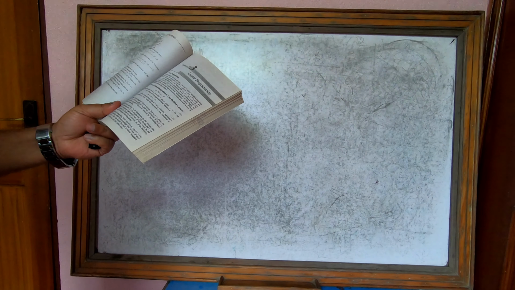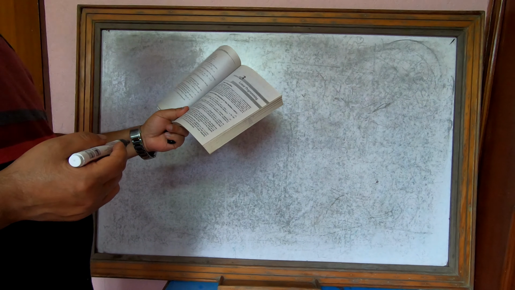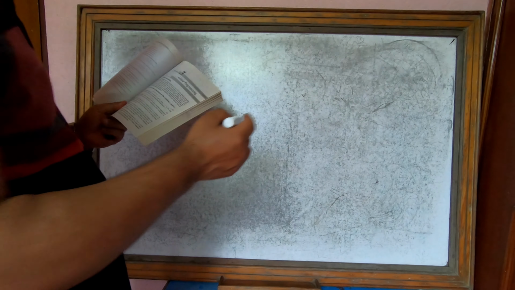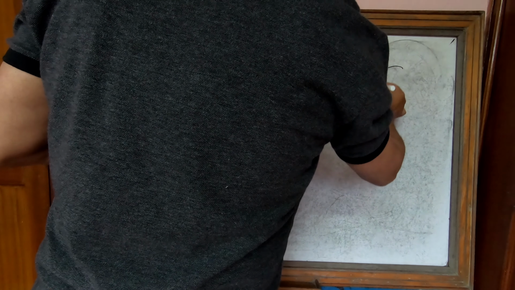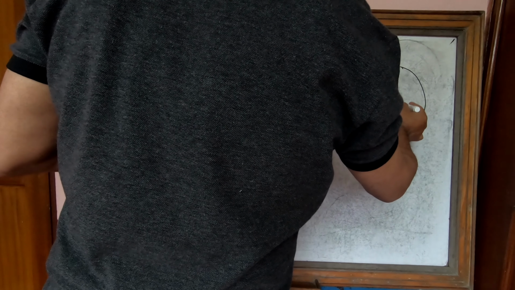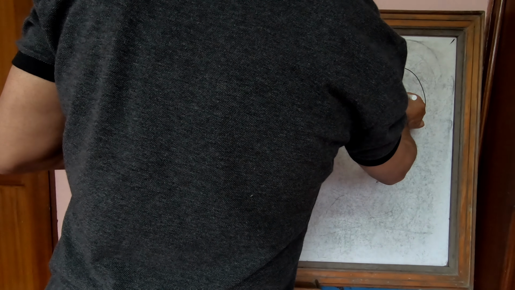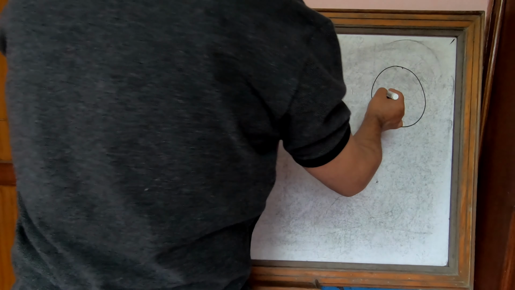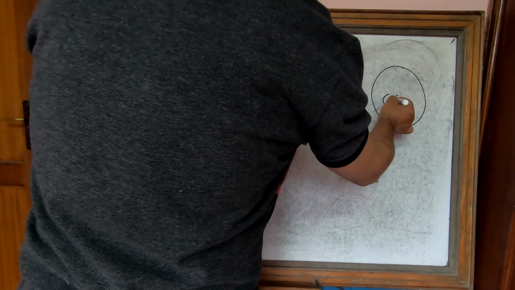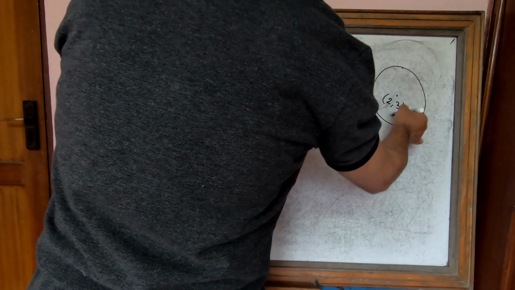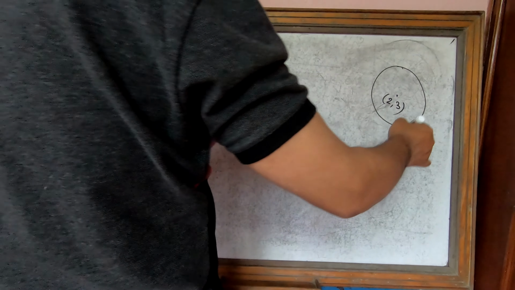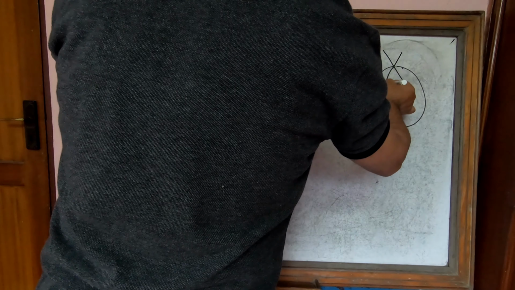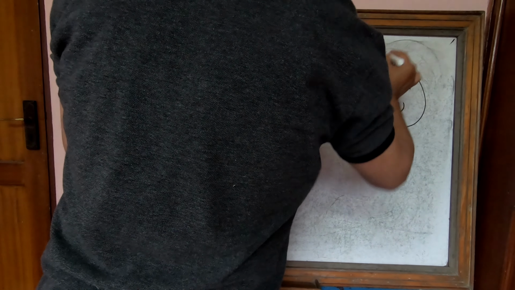The next question says, I have selected this question. The center of the required circle is at the point 2, 3. Center is a small circle. I'm drawing a small circle. My whiteboard is not as big as you have in your classroom. The center is at the point 2, 3. And this circle passes through a point which is the point of intersection of these two lines.